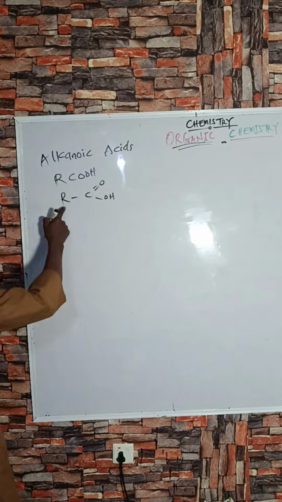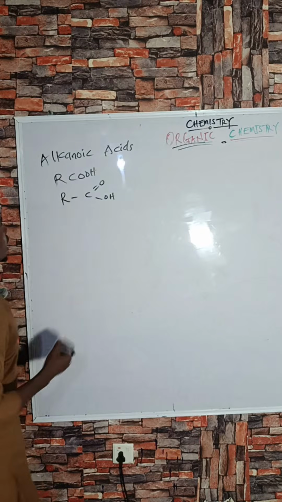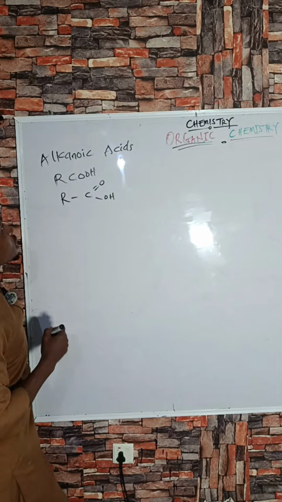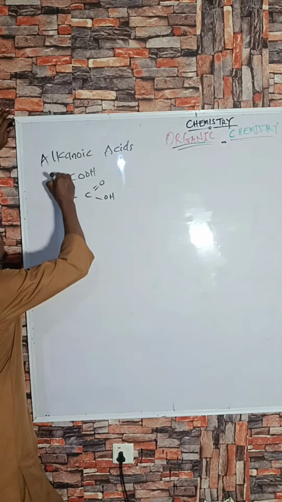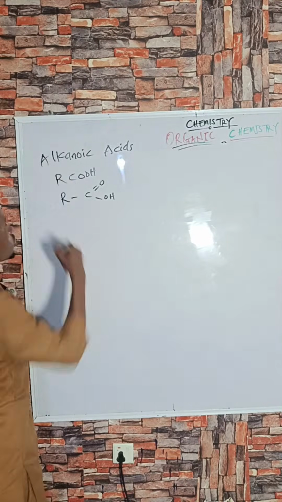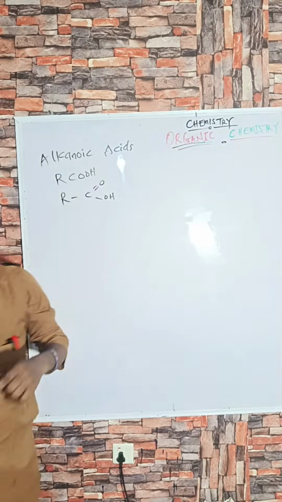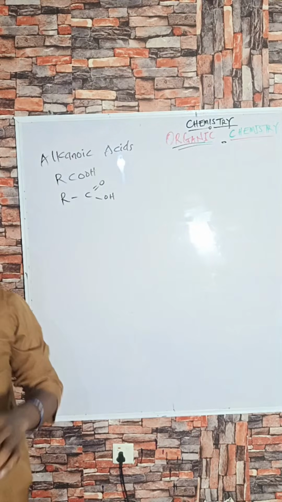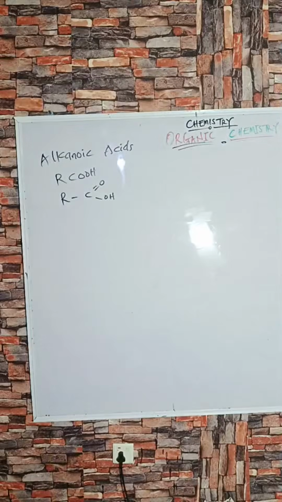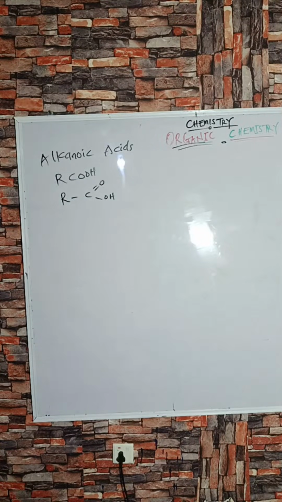Now let's quickly take this example before I make my announcement. So for R now, in this case, what will be my R? What R should I use? Can somebody give me an R? Anybody quickly? What alkyl should I use? Okay. Enoch said we should use C3H5. That's the first one that came in.